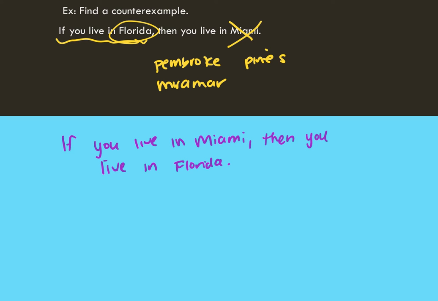If you live in Miami, then you live in... There's another Miami. Do you know it? Ohio. Good job. Are you from Ohio? Okay, there is a Miami that is in Ohio. So again, you wanted the Miami part to be true there. Okay, but it's Miami, Ohio. Is it that hard that you have to know that specific? No.